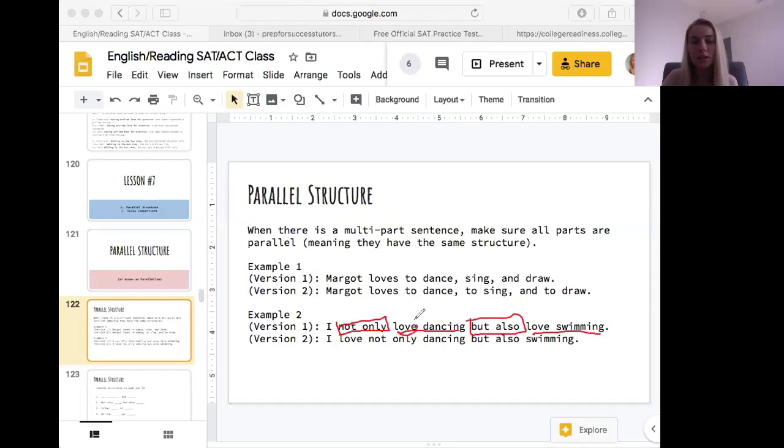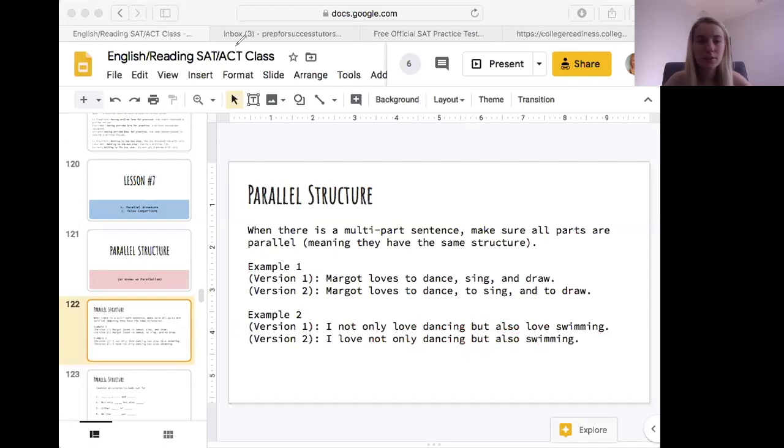So notice here, love dancing, love swimming. I don't say love dancing and then just swimming over here. I have both love and both actions with an ing. Same with here, if I said not only this, but also this. Notice now I have dancing and swimming. So now I just have an ing word. I don't have love in both. And that's also correct because I have the 2 parts and the same structure within those 2 parts.